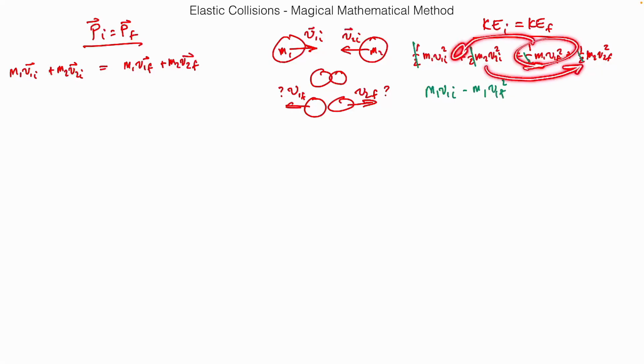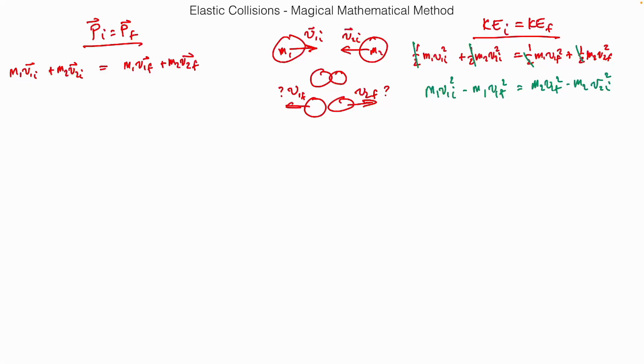I'm going to move the M2 over here, and it's going to pick up a minus sign also. So what does that leave me with? M2 V2 final squared minus M2 V2 initial squared. Okay, I did that right, I left the squared off. So there we go. I've gathered all the M1s on one side and all the M2s on the other.